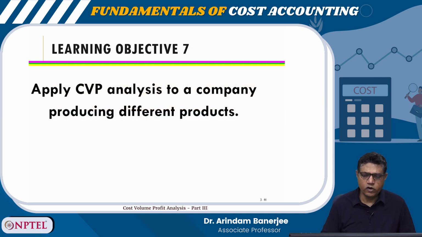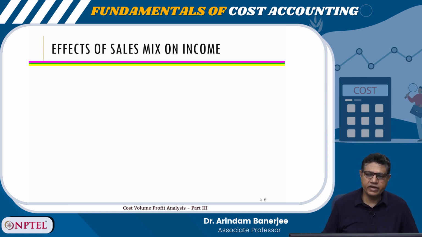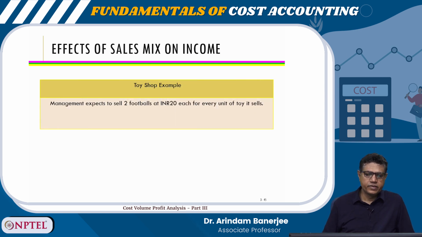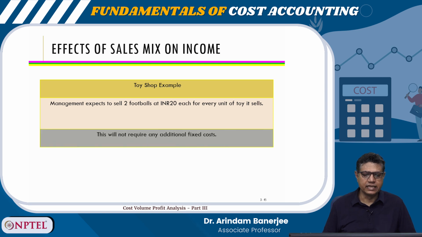Now, learning objective 7: apply CVP analysis to a company producing different products. When a company is producing different products, how can CVP analysis be used? Effects of sales mix on income. Toy shop example again. Management expects to sell 2 footballs at rupees 20 each for each unit of toy it sells.